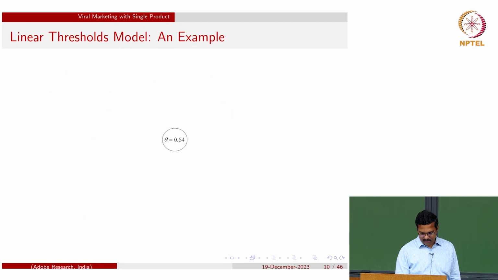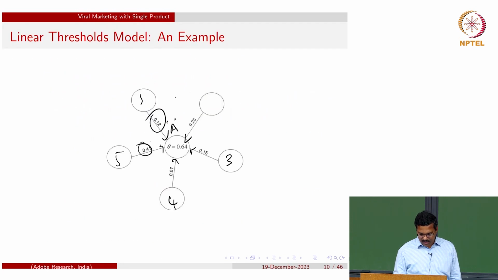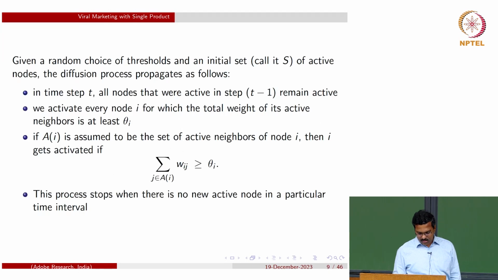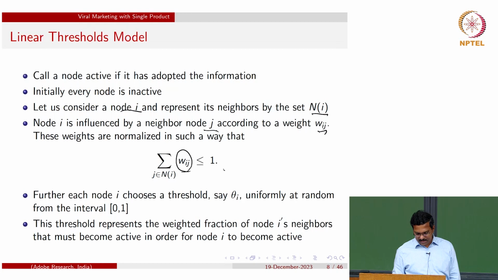It's normalized. The sum of 0.41, 0.12, 0.25, 0.15, 0.07 is 1, or technically less than or equal to 1. So these are Wij's, this is I, this is J, that kind of notation.